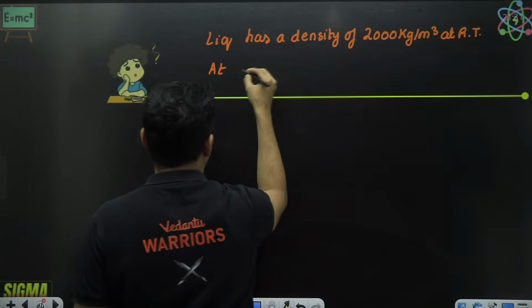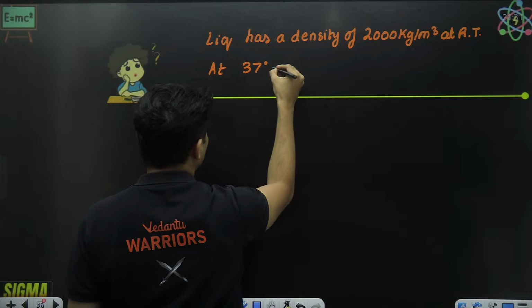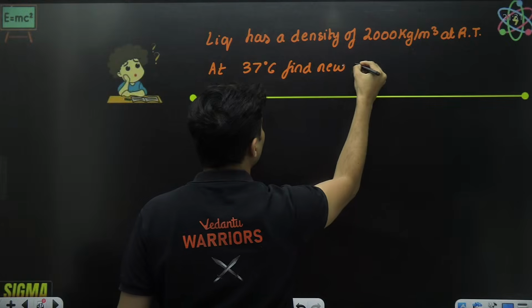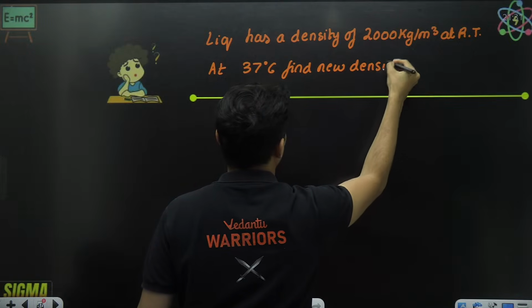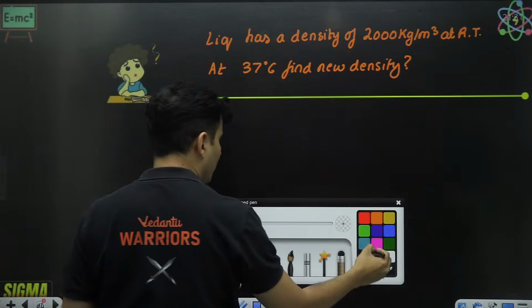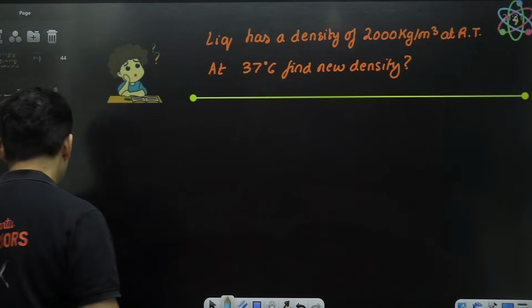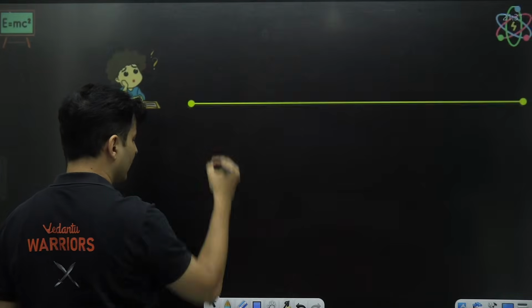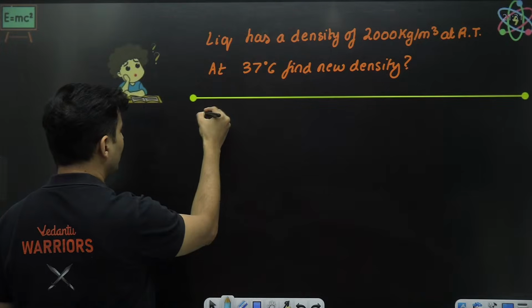Find the new density at 37 degrees Celsius. That is the question in front of you. Let's see how we exactly solve it. We have to find the new density.